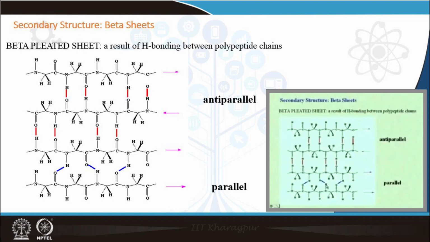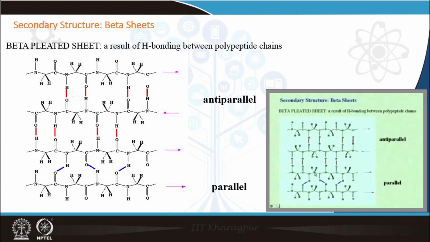Okay? The hydrogen bonding in the first case, let's look at this. Again, we have N-C alpha C. My NH and my CO bond with the same amino acid. In the second case, my NH and CO bond with two different amino acids.